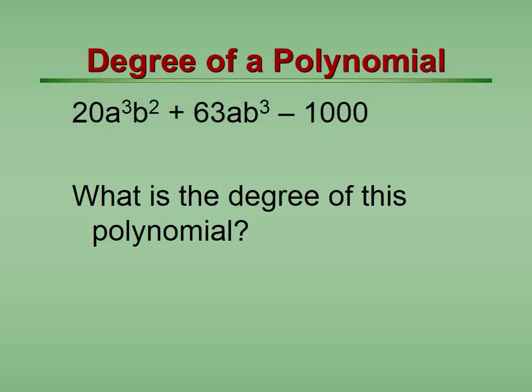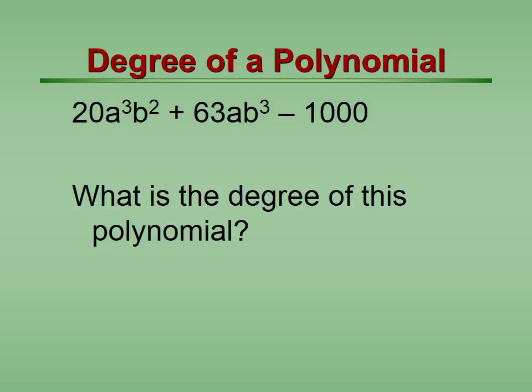Okay, go ahead and try this one now. So the degree of your first term is 5, the degree of your second term is 4, and your third term actually has a degree. If you don't see a variable, remember that anything to the 0 power is 1, and your variable disappears.